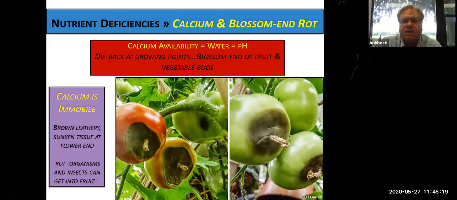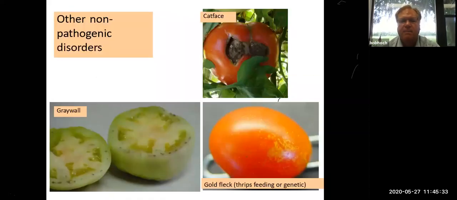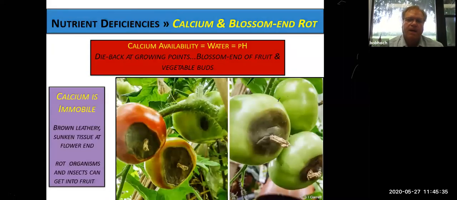But in this case, it's always going to be or tend to be focused on the blossom end. And so you can see where the flower was on the blossom end, and that's where typically we would see blossom end rot.